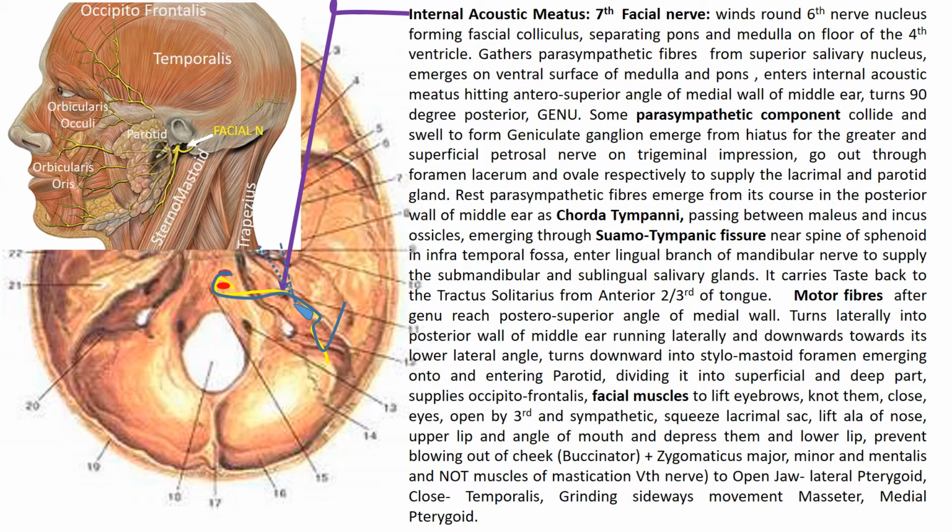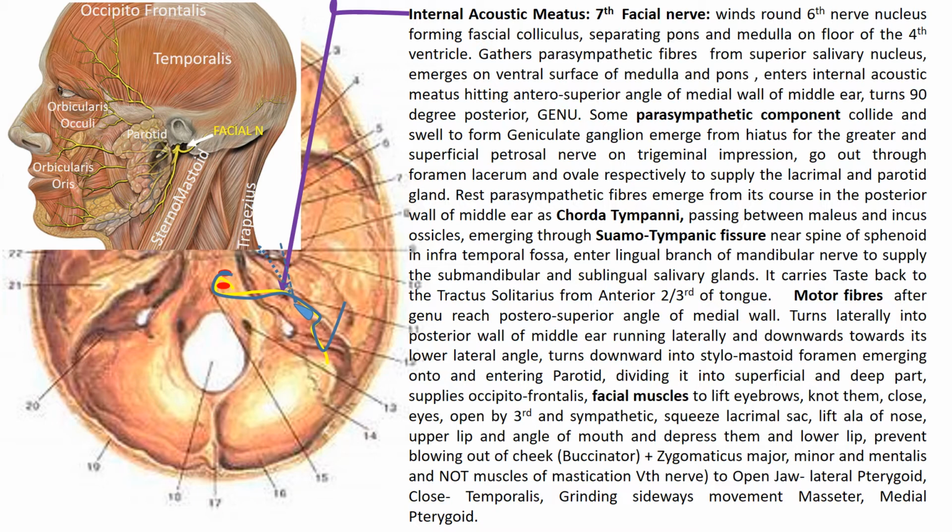Then the facial nerve, at the lower lateral angle of the posterior wall of the middle ear, turns into the stylomastoid foramen and emerges out.